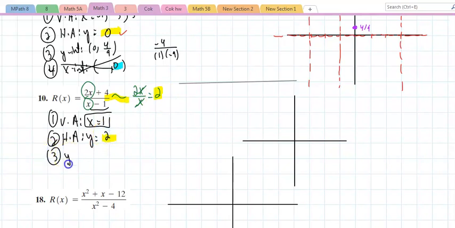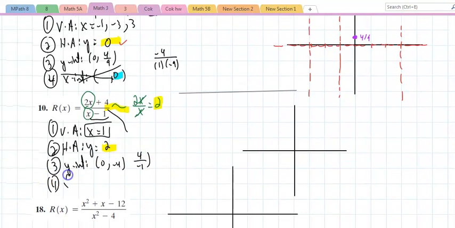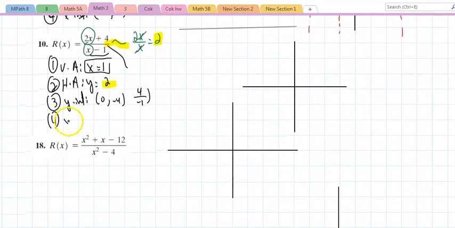3, Y-intercept. If I replace x by 0, right there, I'll get 0 plus 4 over negative 1. That's negative 4. And 4, X-intercept. So you notice we use each of those. The top, the bottom.